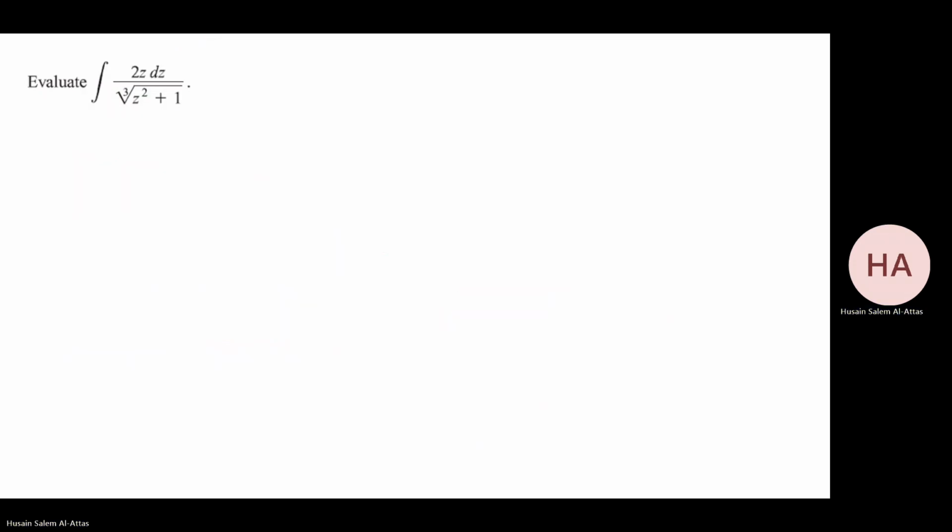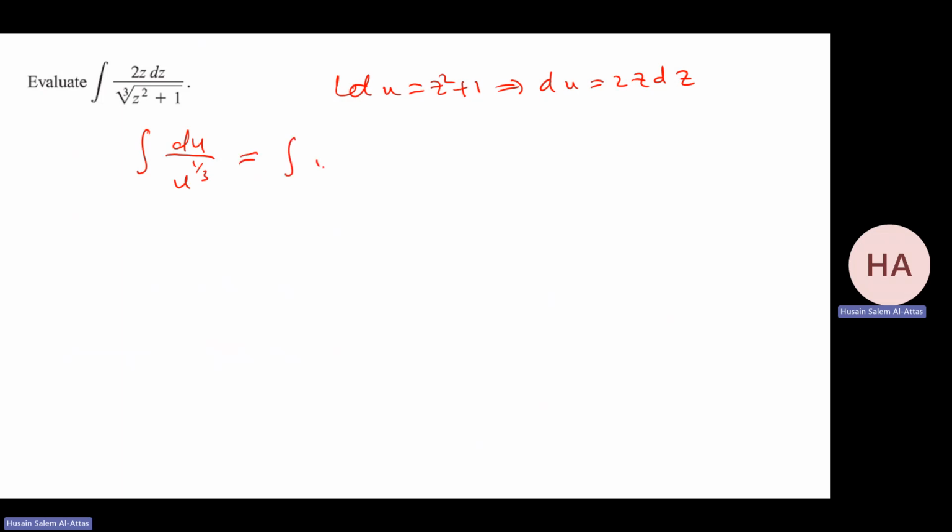Okay. Same idea. Let u equal z squared plus 1. Du will be what? 2z dz. So I have du over u to the power 1 over 3, which is the integral of u to the minus 1 over 3 du.